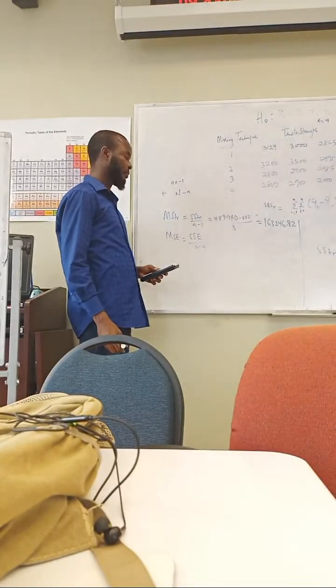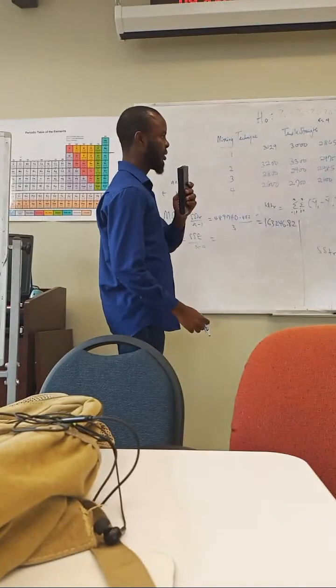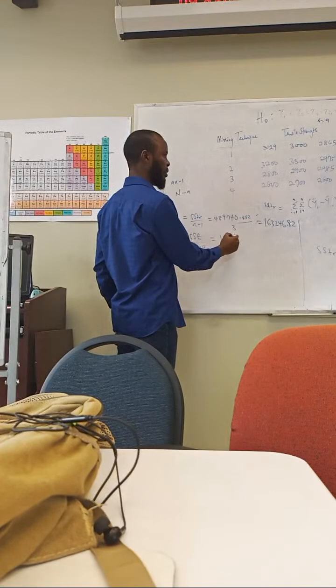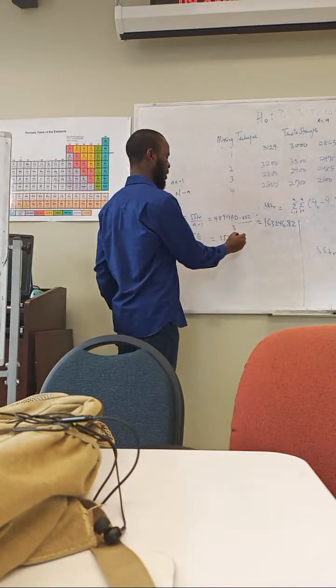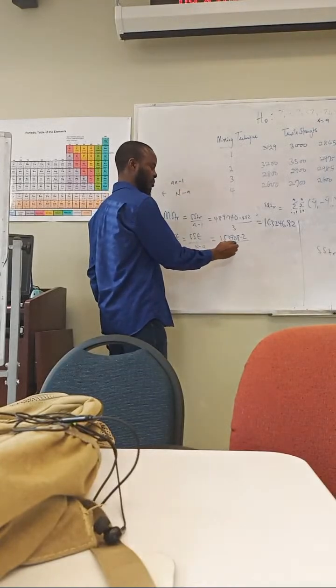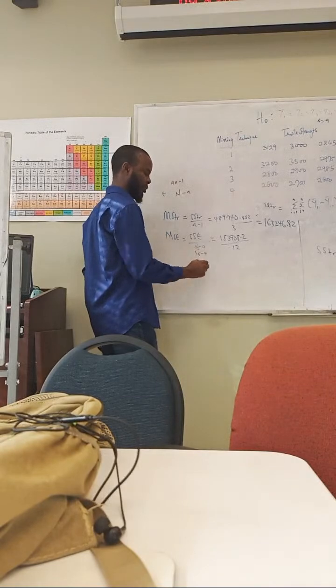Okay? Will you use this? So my SSE is 153,908.2 over N minus A. Our N is 16 minus 4, which is going to be 12. This is like saying 16 minus 4.